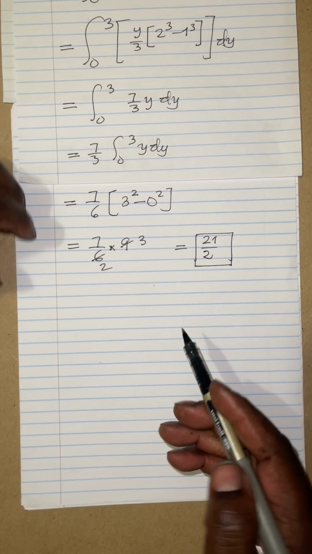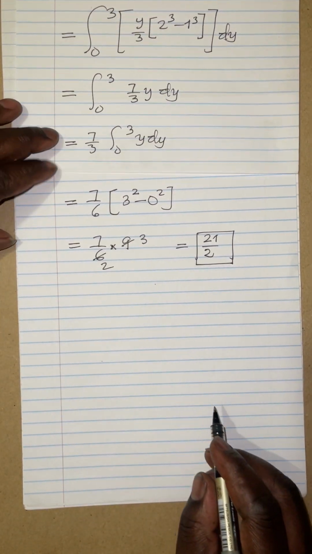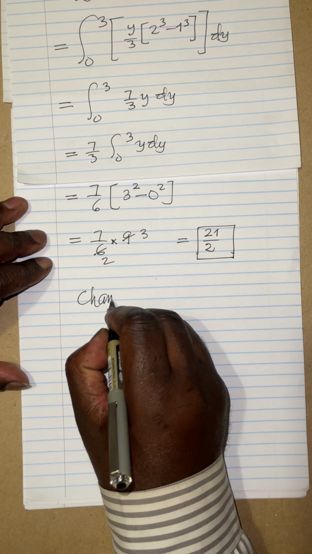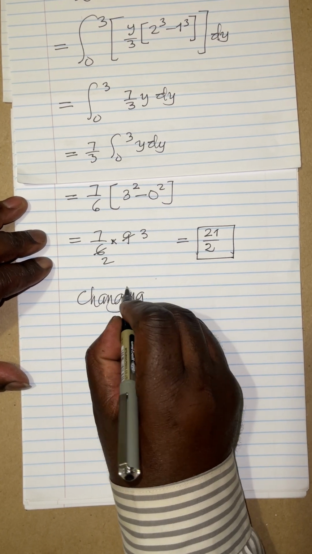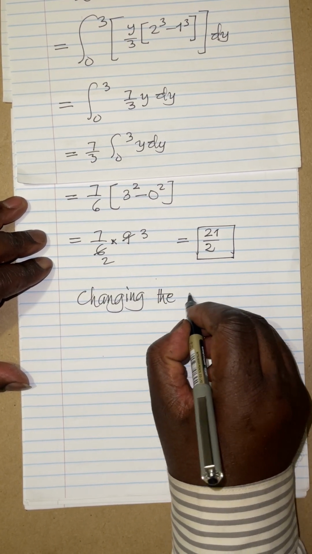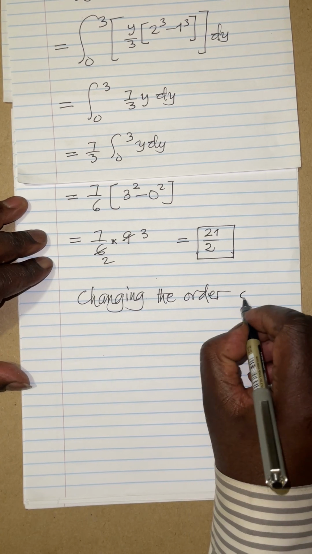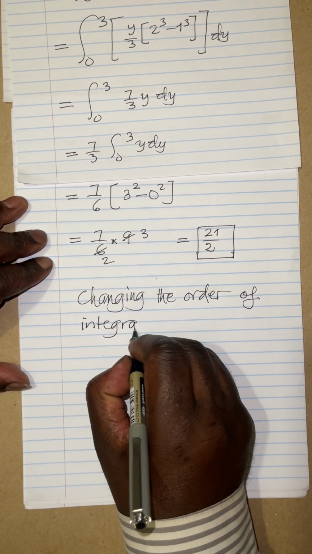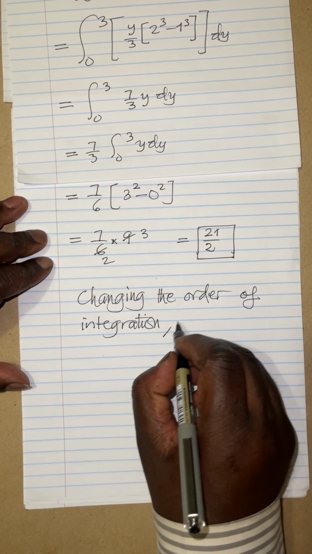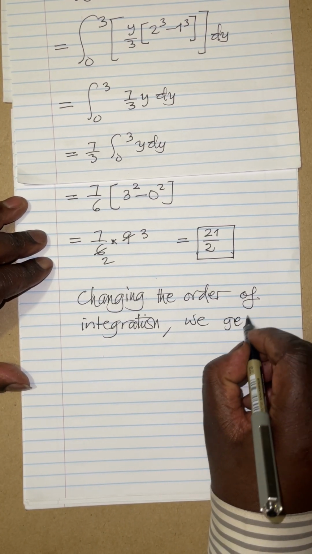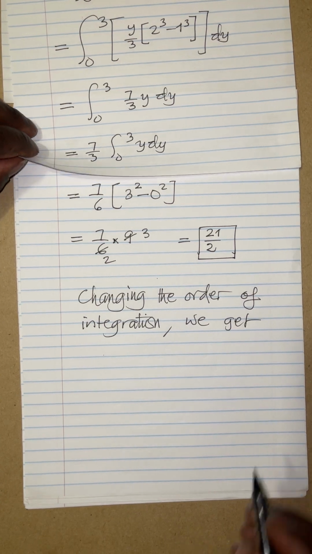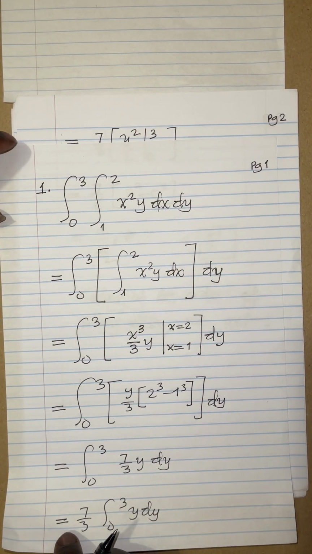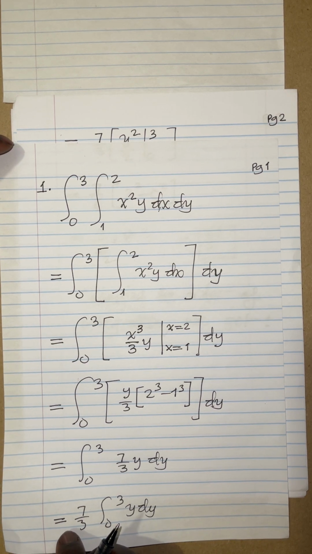So now I'm going to start from here. We're still on page 2, changing the order of integration. From this integral here, we're starting with integrating with respect to y.